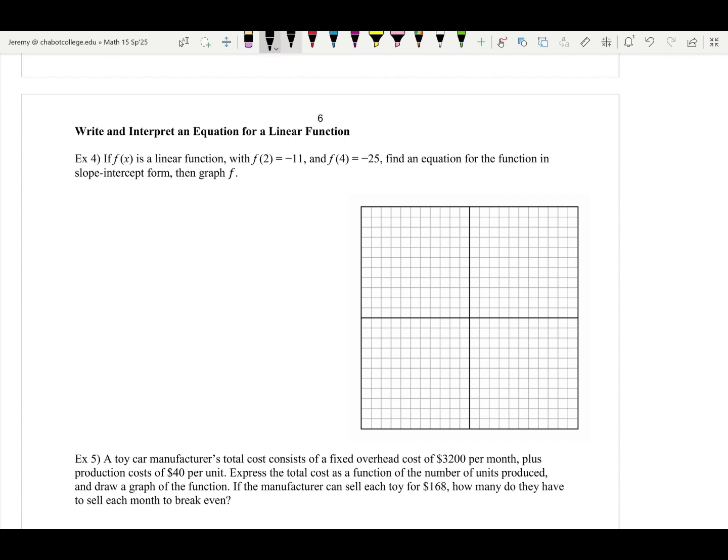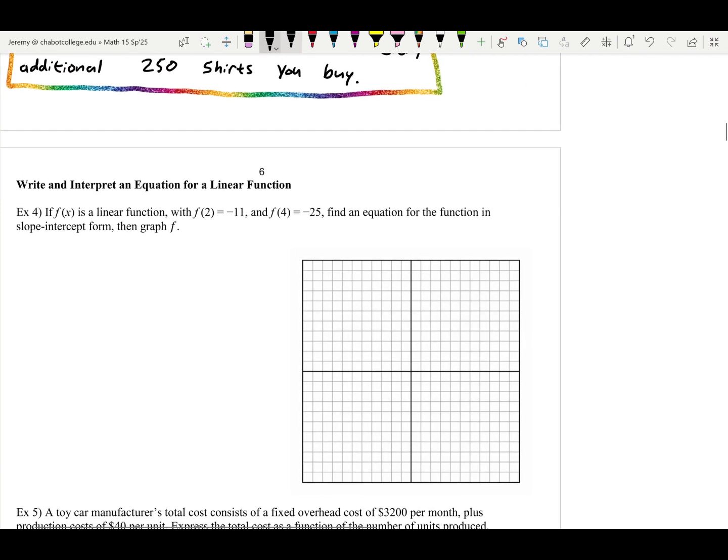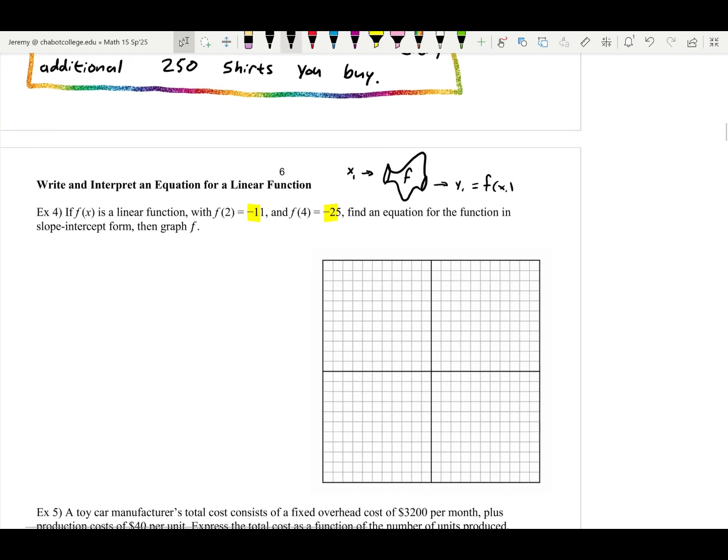So this is just another way that we could be given two ordered pairs, because when we're talking about a function, I always draw one of my little Dr. Seuss machine diagrams here. Remember, x values go in, maybe I'll call this x1, and y values come out, y1, which we could also interpret as f of x1. So the output values, negative 11 and negative 25, are just like our y coordinates.